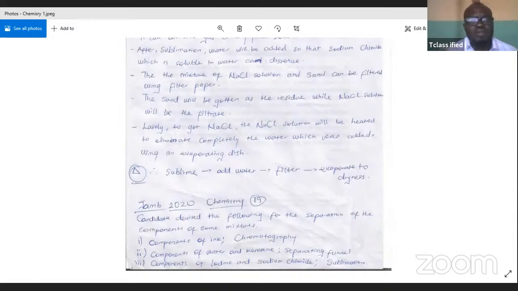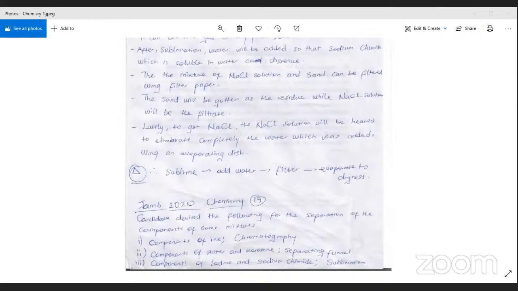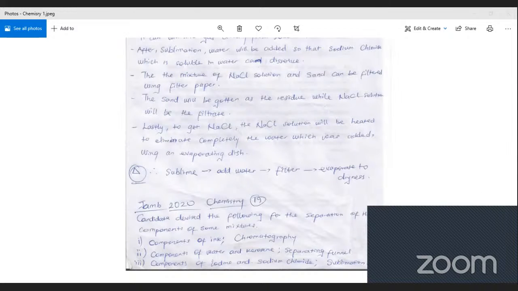So we have Chemistry 2016. Ammonium chloride can be separated from its mixture with common salt by... So how can we separate ammonium chloride from common salt? We have option A, distillation, B, evaporation, C, decantation, D, sublimation.